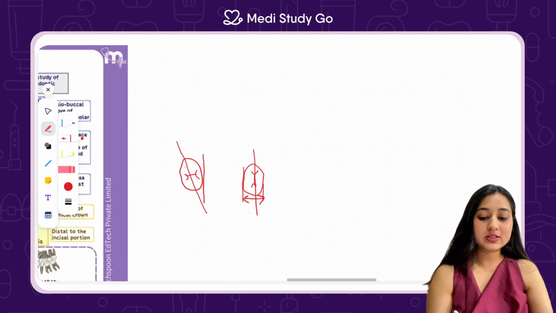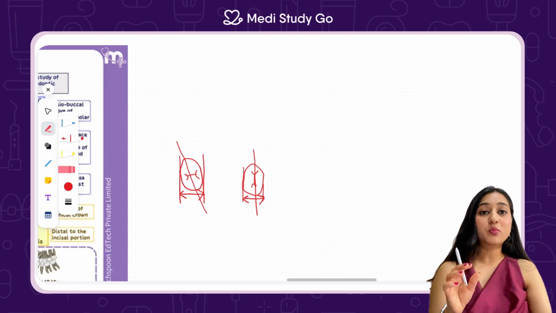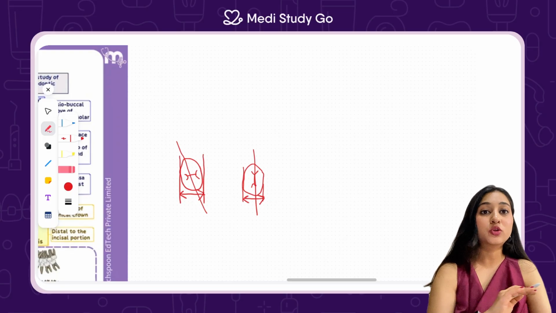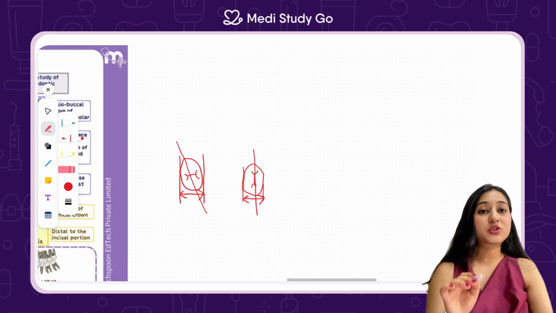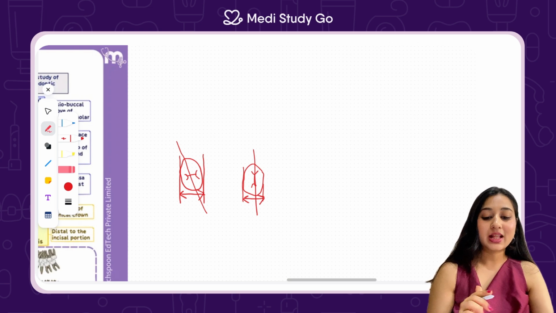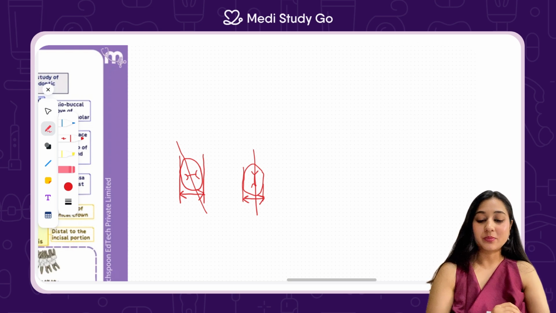Whereas this is the space occupied by a tooth which is rotated, and as you can see, this rotated tooth occupies significantly more space as compared to a tooth which is normal and not rotated. Therefore posterior teeth, when rotated, do occupy more space than non-rotated normal teeth.